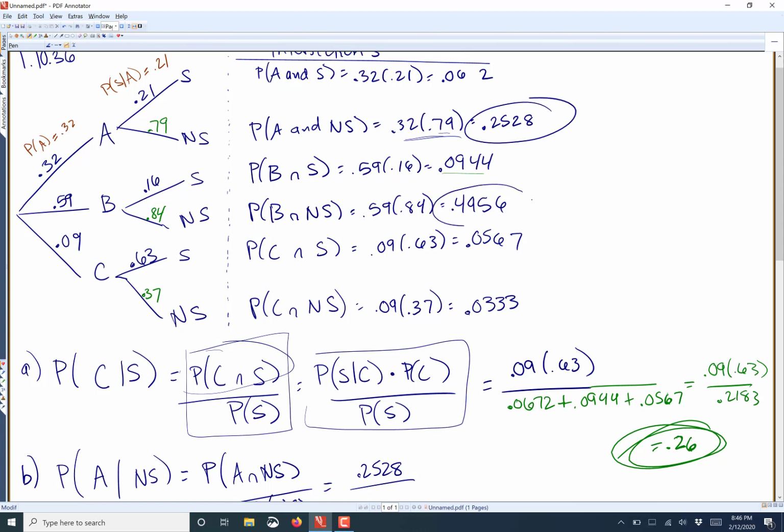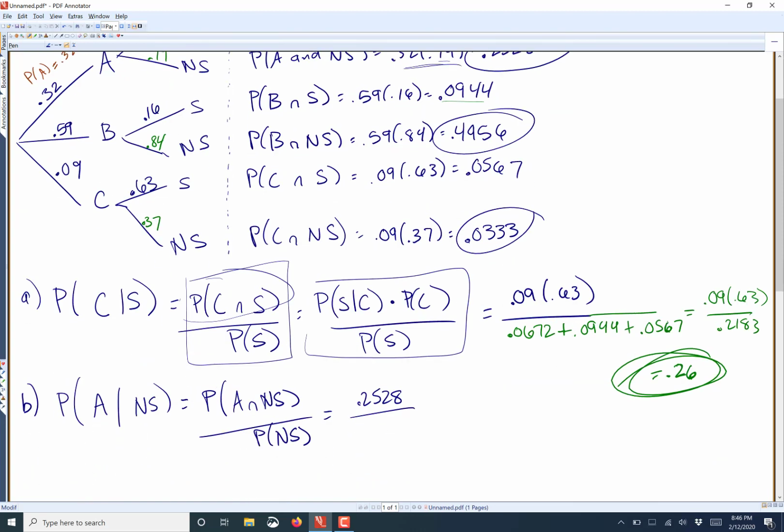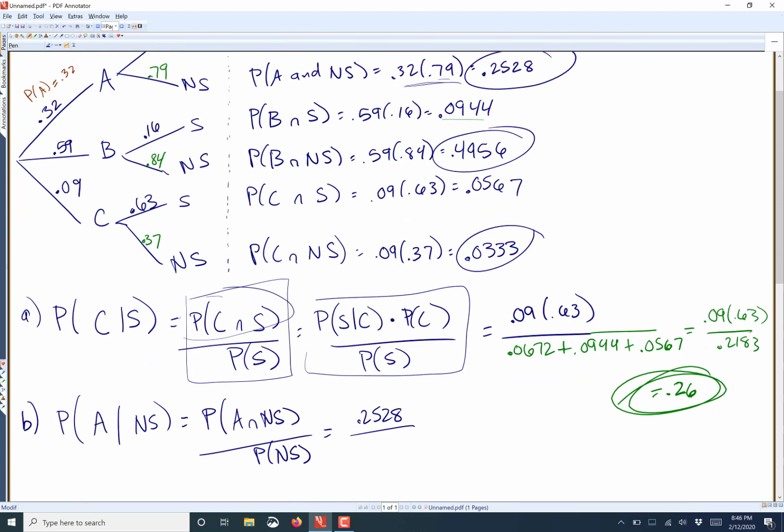This one, and this one. So we need to add all of those together. So 0.2528 plus 0.4956 plus 0.0333. And this should give me 0.323.